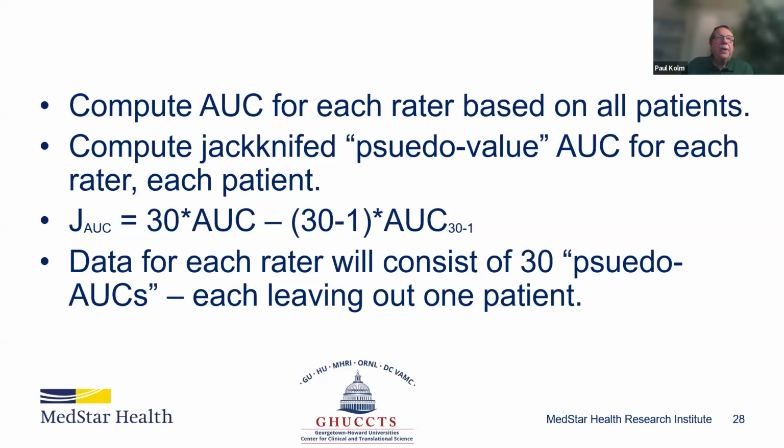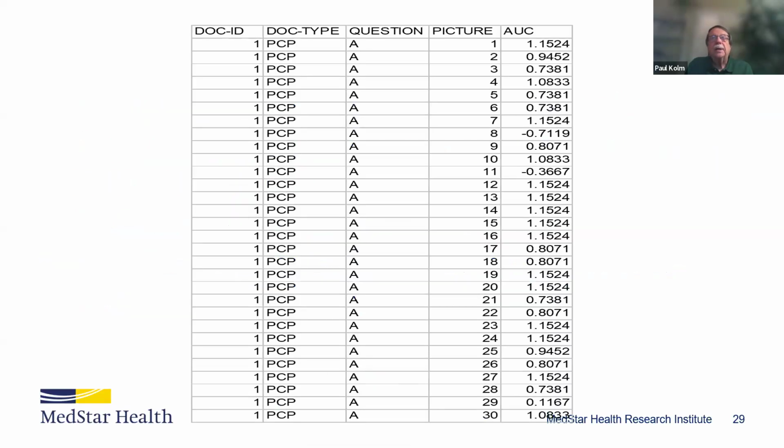You can see from the formula here that it's possible that we might get pseudo AUCs greater than 1, or we might get negative pseudo AUCs. In the AUC column at the end there, that's actually the pseudo AUC. And so you can see that there are some that are greater than 1 and some that are negative.